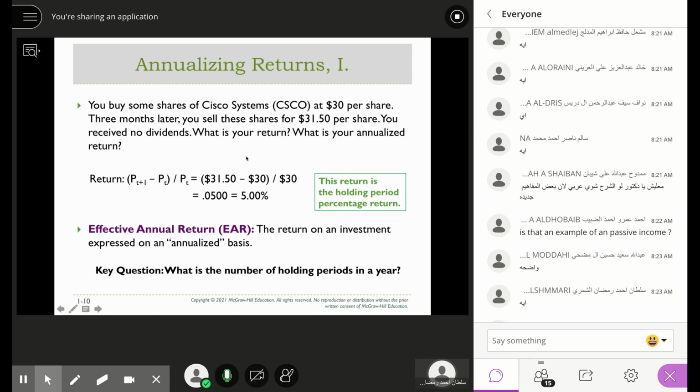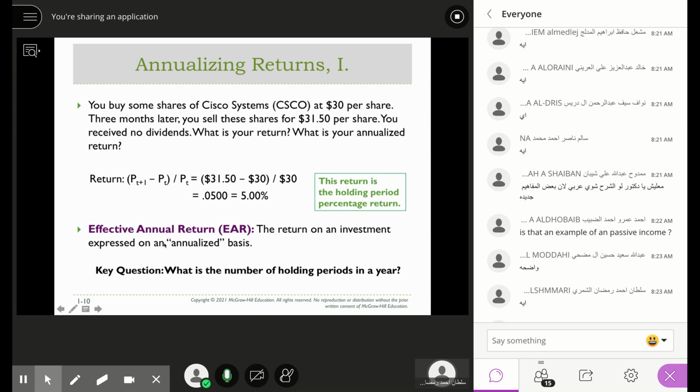So once we apply this in our example, after 3 months, which indicates it's the T plus 1, the ending period price is 31.50, minus the beginning price, which is 30, divided by 30. This is 0.05, or we can say it is 5%. You just multiply this by 100 to express it in percentage.